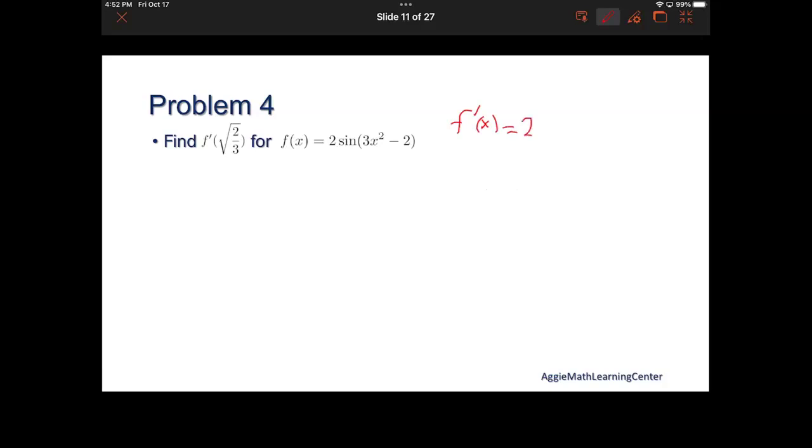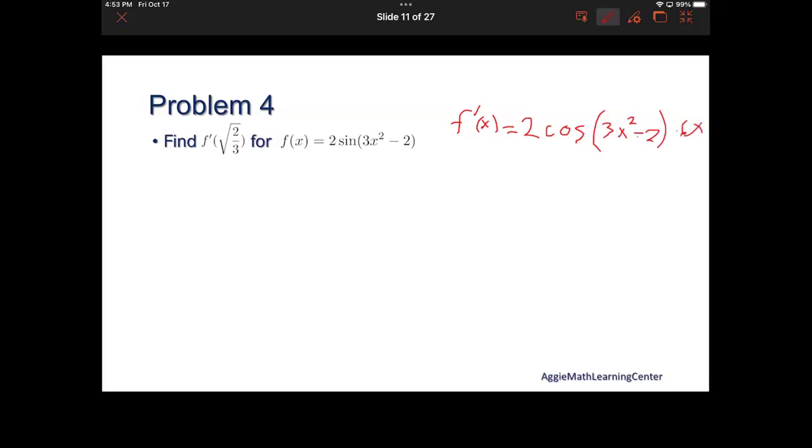The derivative of sine is cosine. Our chain rule says that we can leave the inside of our function the same, so that's 3x squared minus 2. And then we multiply that whole thing by the derivative of the inside. What is the derivative of 3x squared minus 2? 6x.